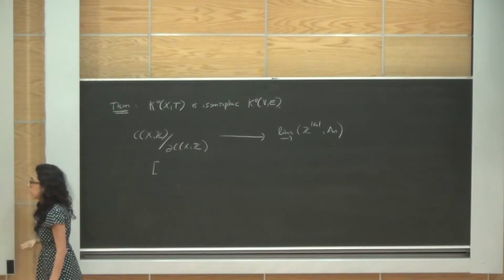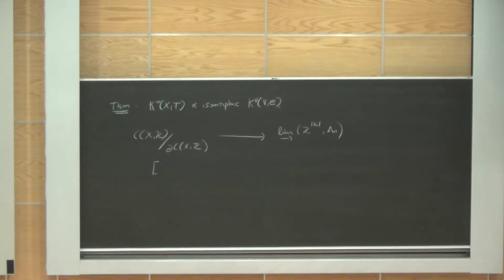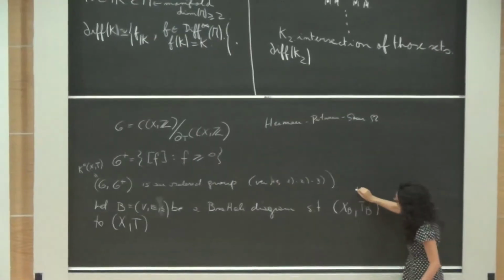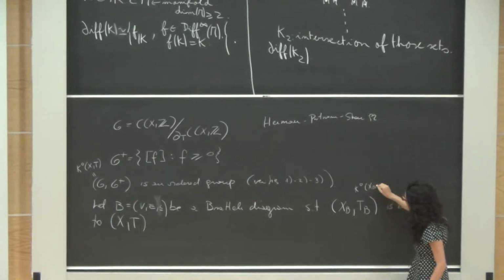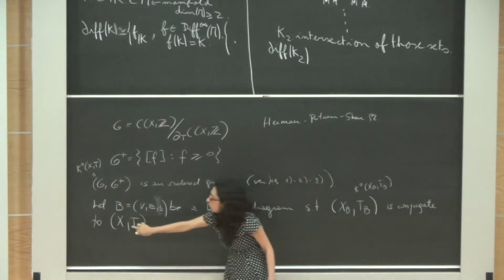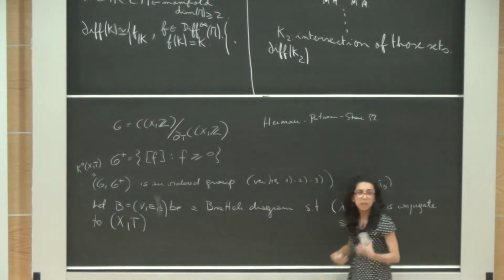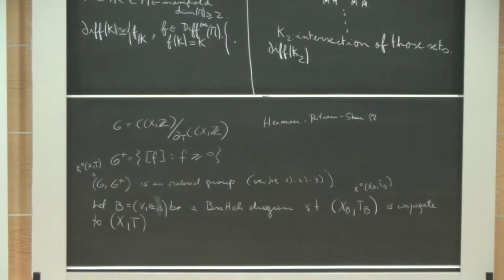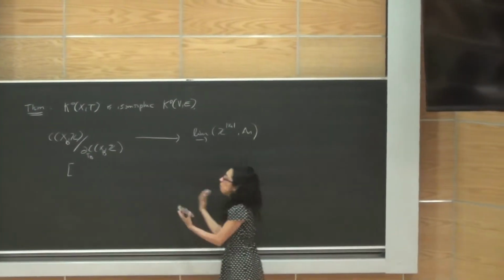So if I know that (X_T, T) is conjugate to (X_B, T_B), the dimension group K0(X_B, T_B) will be isomorphic to K0(X_T). So we can assume that, in fact, what we need to show here is this. This is what we have to show.